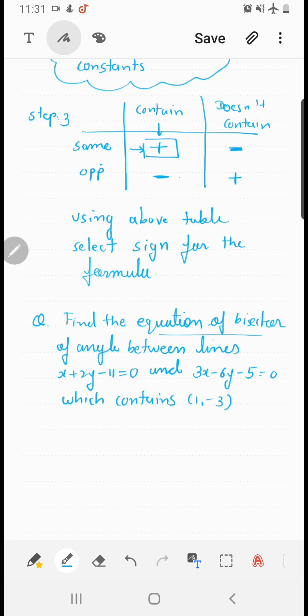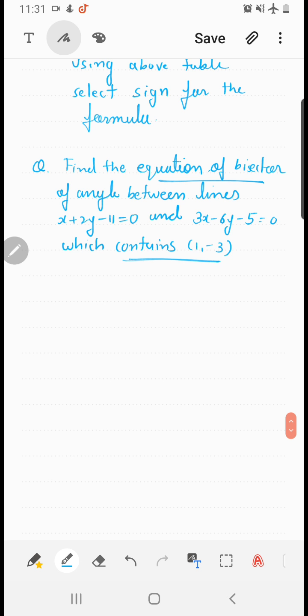Here again they want to find the equation of the bisector, but this time they want the one containing the point. As I said, we follow 3 steps.